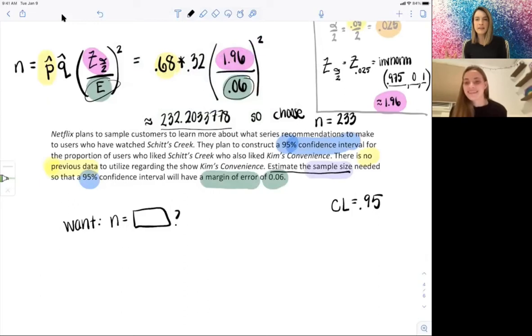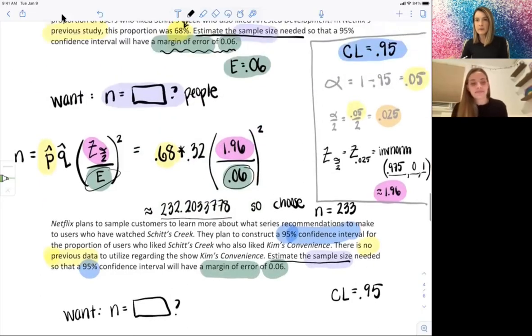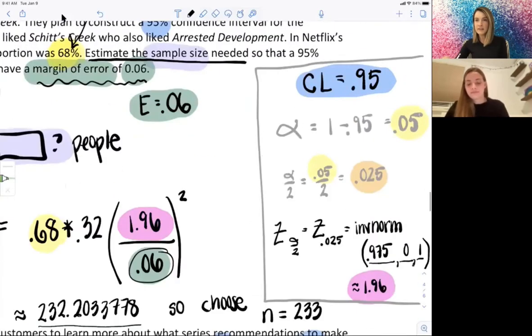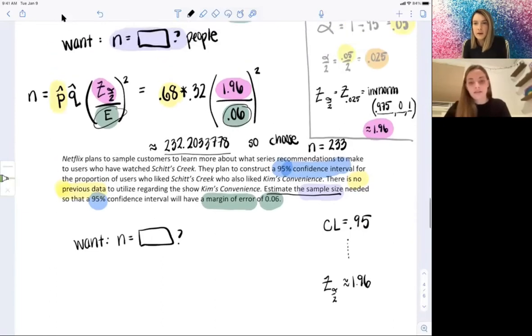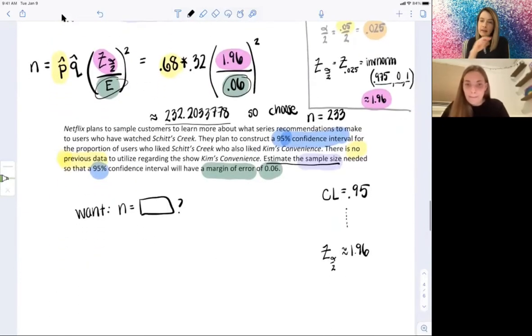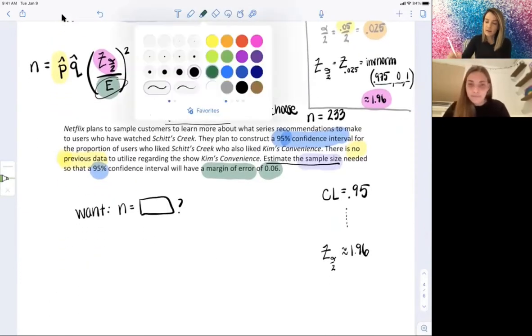The good news is we already did the work for it up here. So we already know if the confidence level is 95%, then our critical value ends up being about 1.96. Can we just agree on that based on our warm up and our previous work? So that's done for us.